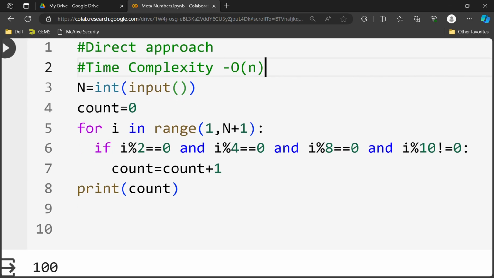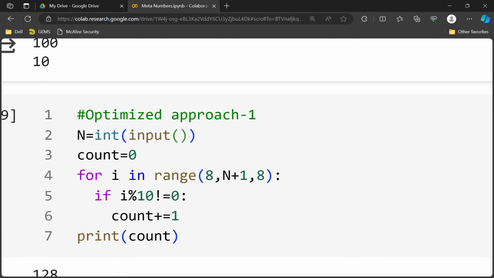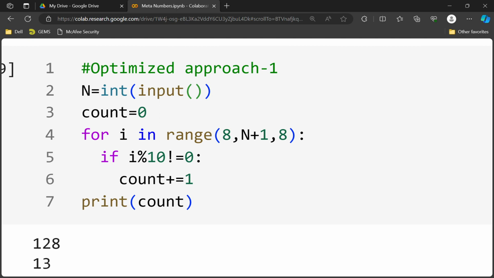Let me try to improvise, optimize this one. I have considered one approach. We all know that a number divisible by 1, 2, 4 and 8 is nothing but a number that must be divisible by 8. Let me explain it further.